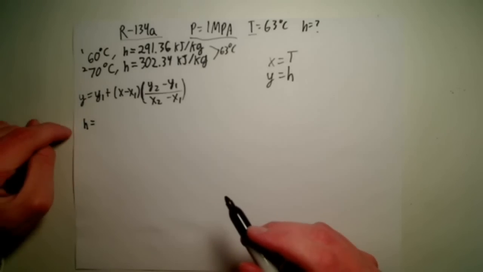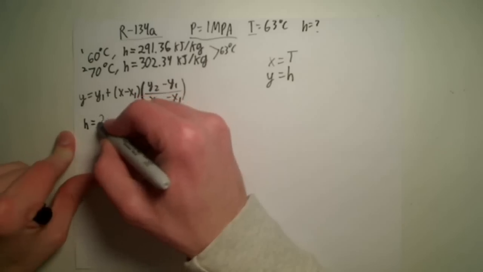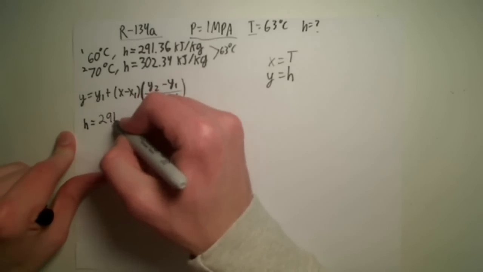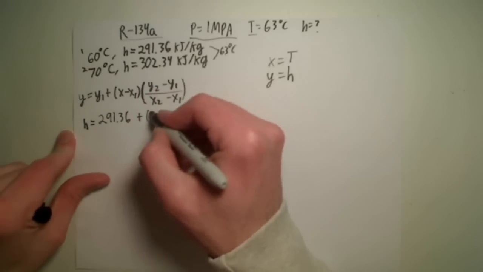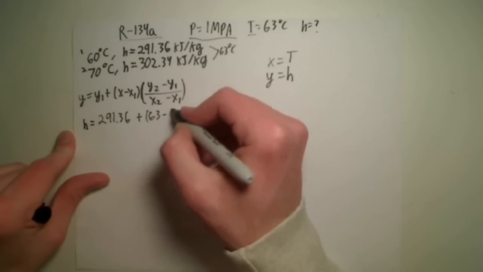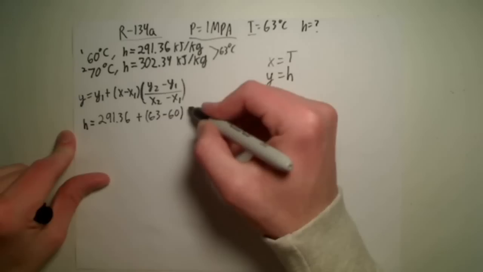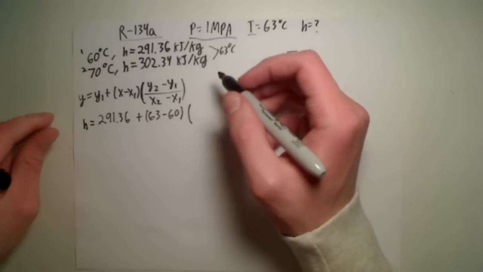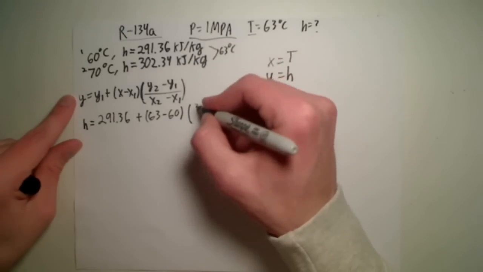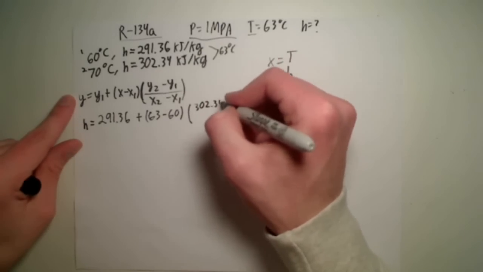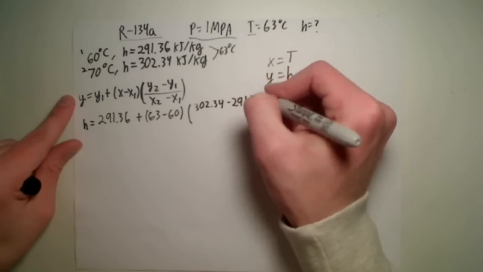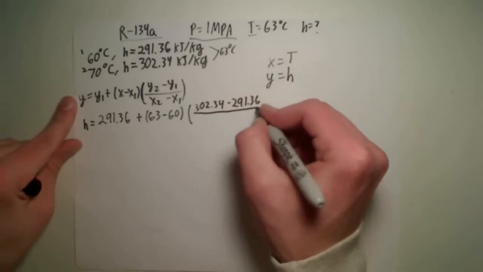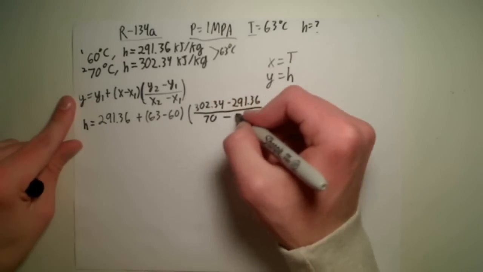So H equals 291.36 plus (63 minus 60) times (302.34 minus 291.36) all over (70 minus 60).